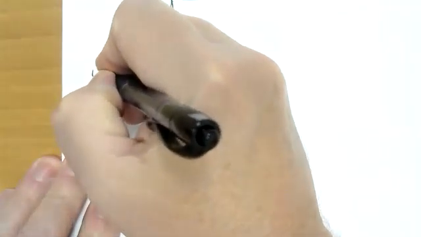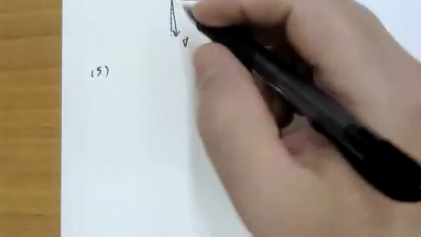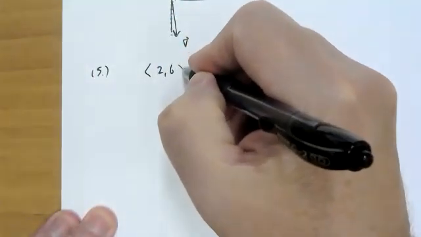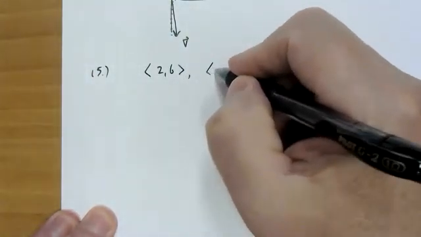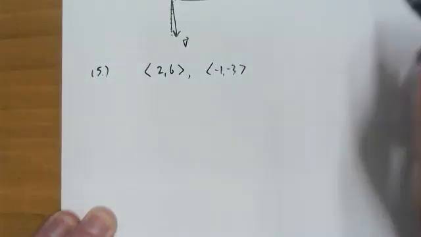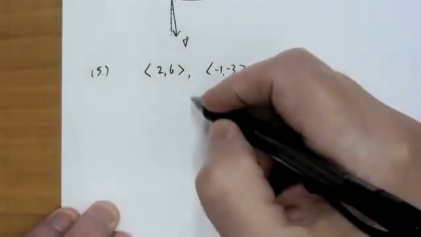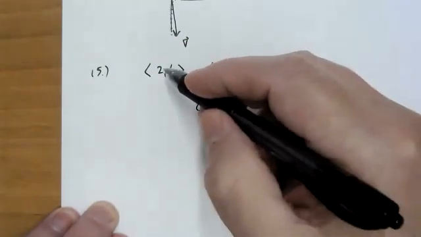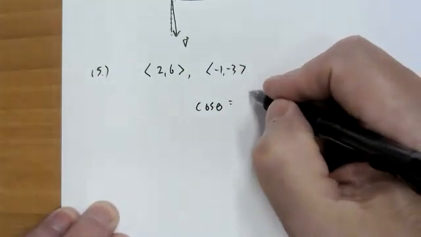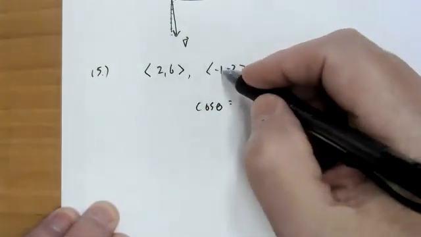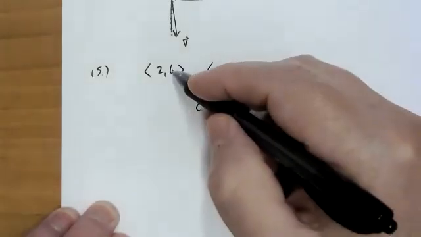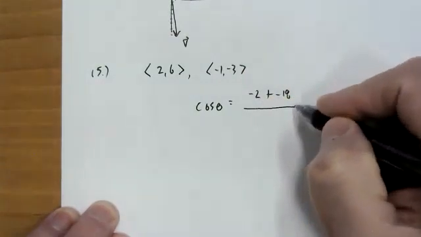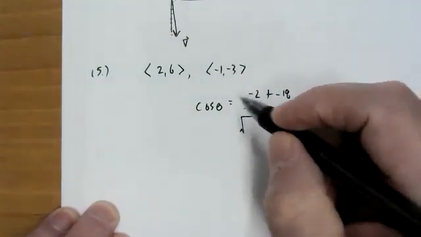So for number 15, the 2 vectors are 2, 6, and -1, -3. So the dot product, I'm going to multiply the x parts and then add the product of the y parts over the magnitude of each vector.